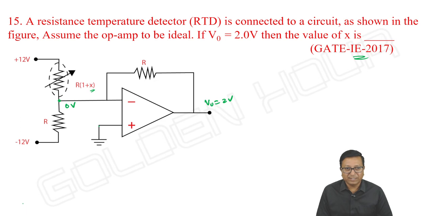Then how to find the gain of this circuit? V output is given, and let me take the node equation here.